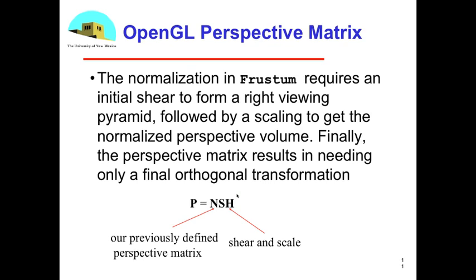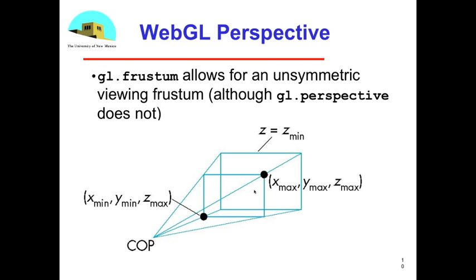Okay, so if we look at the matrices that you get, how do I now derive the more general case for frustum? I could argue in the following way, that because it has this obliqueness to it, what you can do first is do a shear to get the obliqueness out. So that's the equivalent of what I did in the orthogonal case. So I do a shear to get this into a right pyramid.